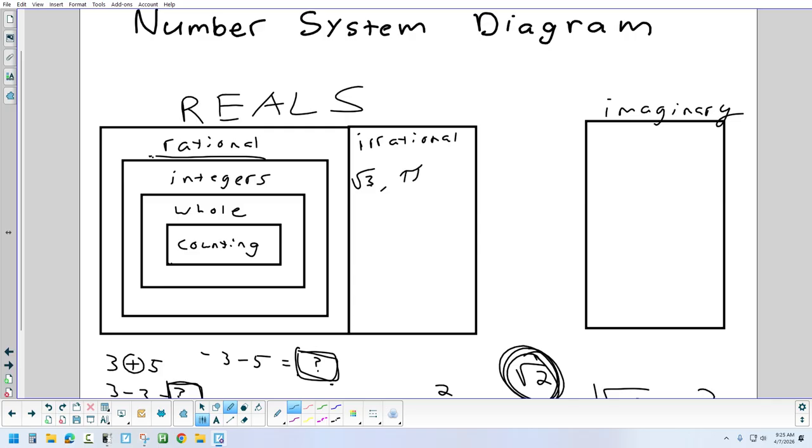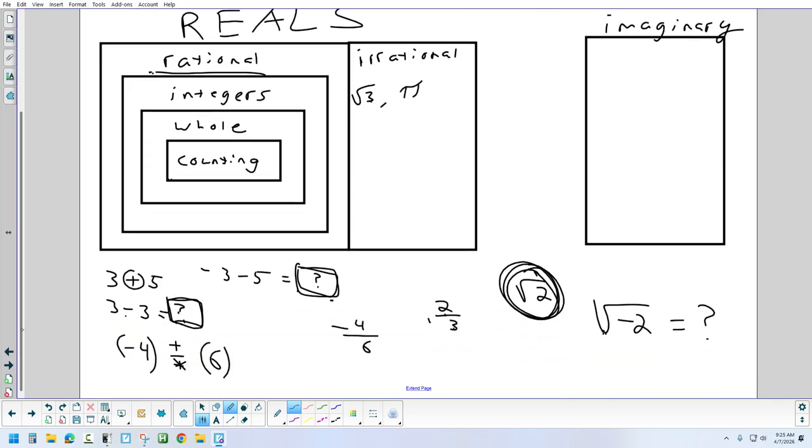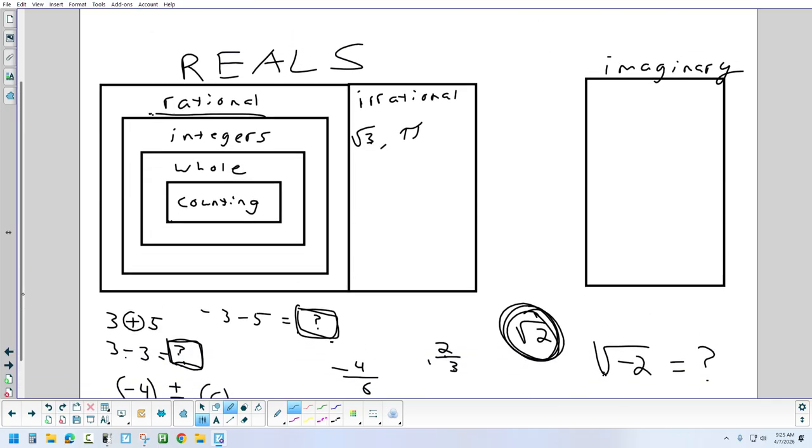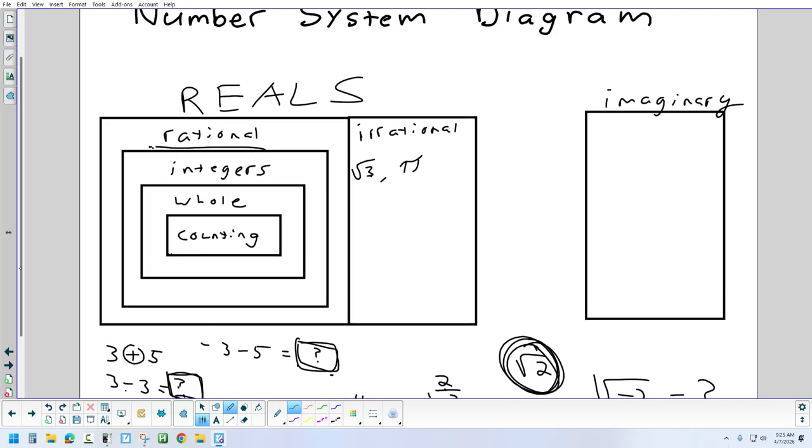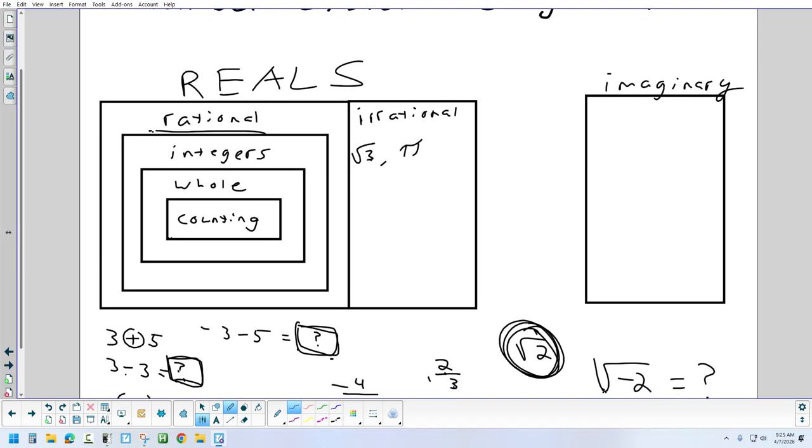imaginary. So imaginary numbers extend the kind of things we can do in math to allow us to take square roots of negatives. And imaginaries also allow us to do other things. This class is not really a class where we look at applications of imaginary. We do a little bit of arithmetic, but that's it. We don't really do applications in this class.